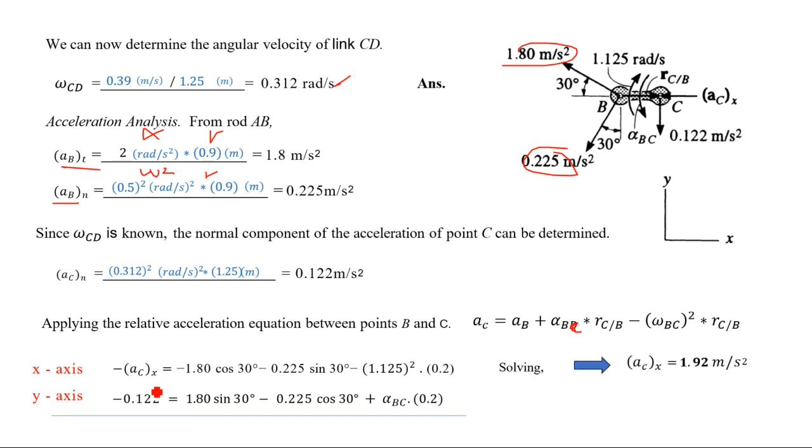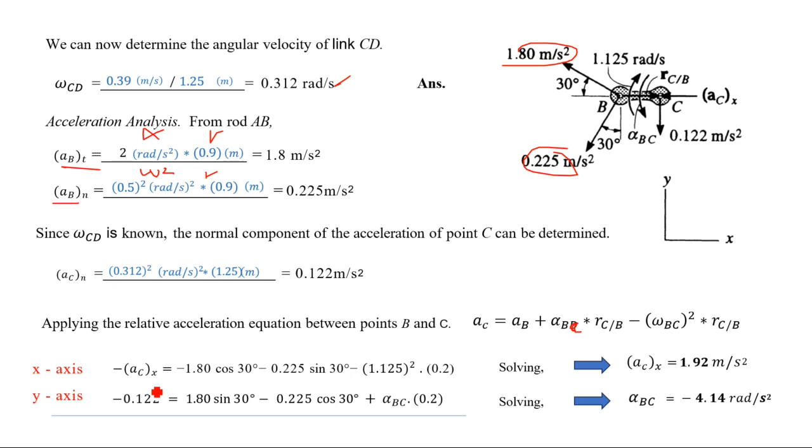So by solving, you should get the value to be equal to 1.92 meter per second square. Or actually, I would like you to check this answer yourself to see if it's going to be correct or not. The alpha of the BC, from the second equation, is going to be equal to negative 4.14 radian per second square.